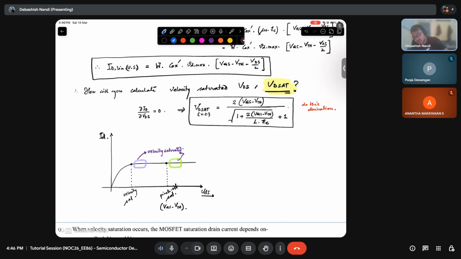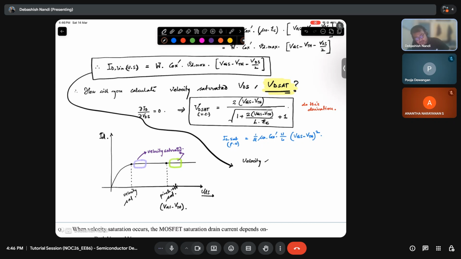What is my pinch off saturated current? ID sat, the pinch off saturated current, is half mu n Cox W by L VGS minus VTH whole square, right? But in case of my velocity saturated current, from this expression I can see that velocity saturation will occur much below VGS minus VTH.